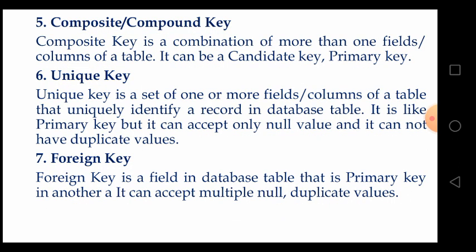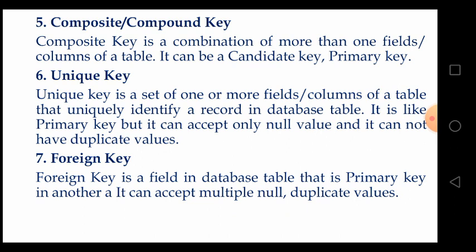Composite or compound key. A composite key is a combination of more than one field or column of a table. Next, unique key. A unique key is a set of one or more fields or columns of a table that uniquely identify a record in a database table.